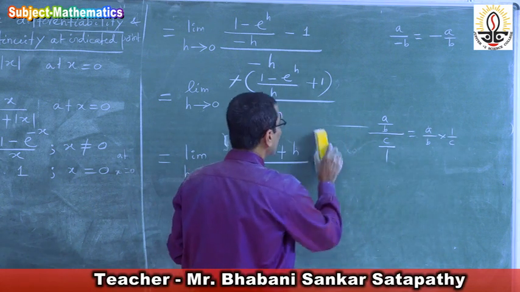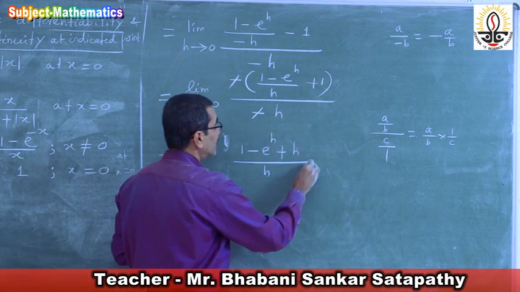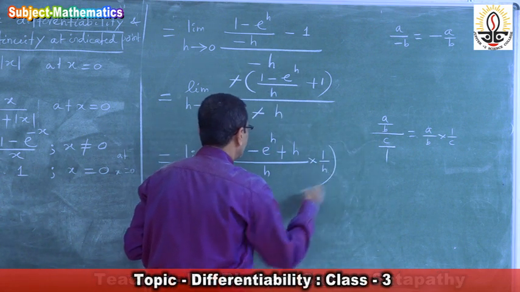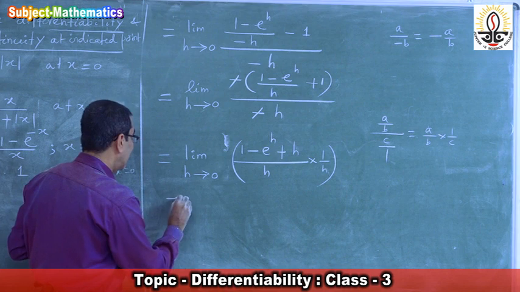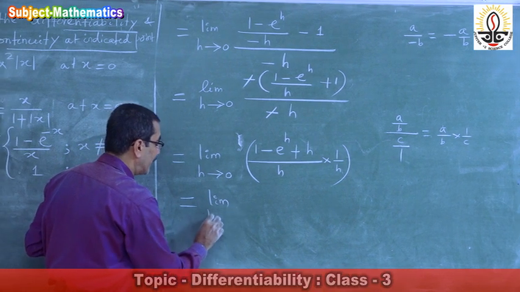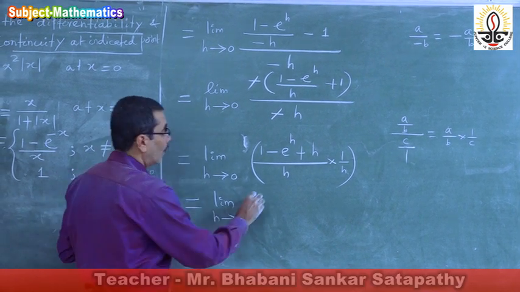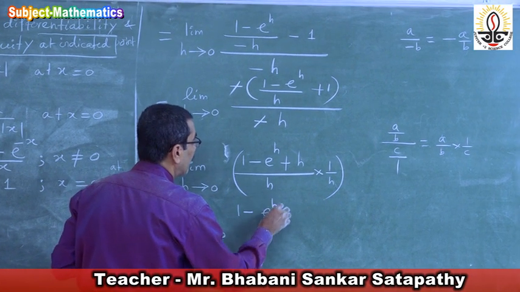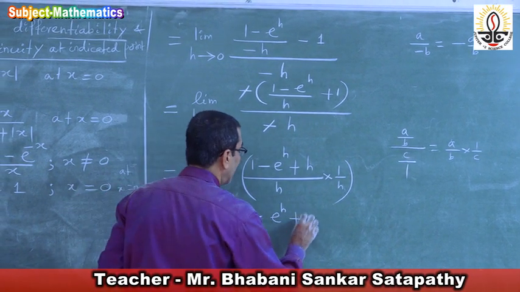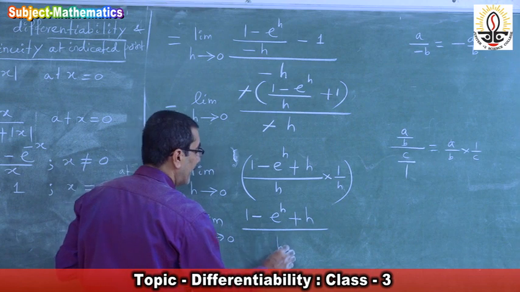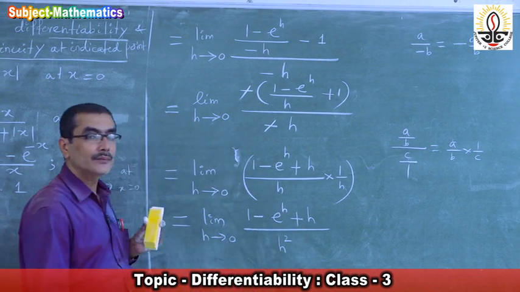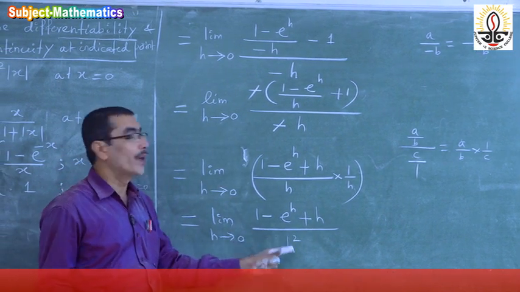So this into 1 by h. Therefore this limit is equal to limit h approaches to 0, 1 minus e to the power h plus h divided by h square.